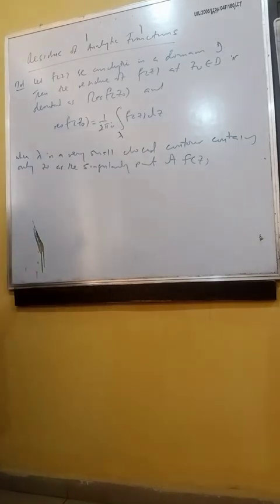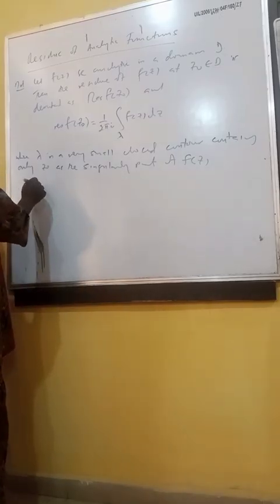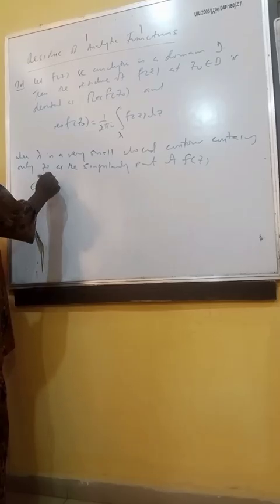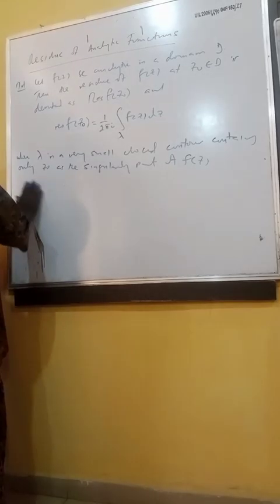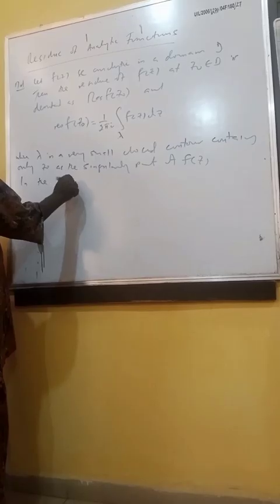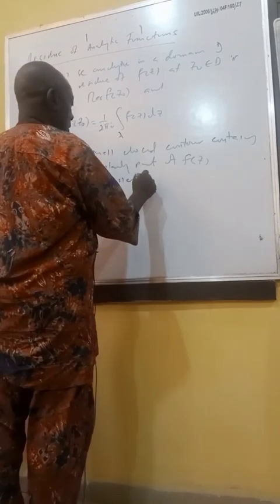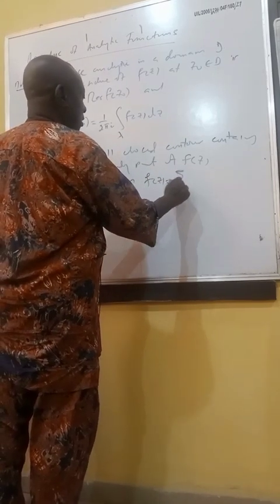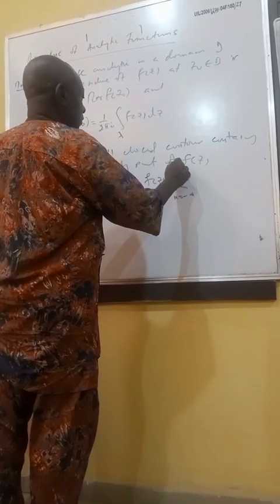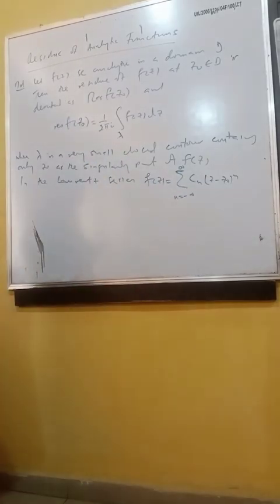Now, remember that in the Laurent series, f of z equals summation n from minus infinity to infinity Cn (z minus z naught) raised to power n, this is the Laurent series.